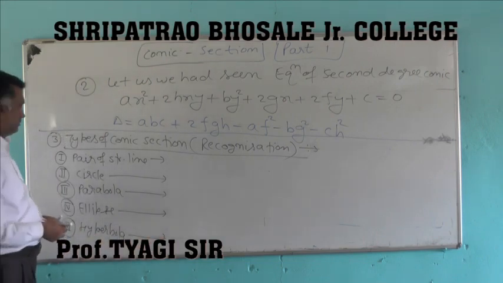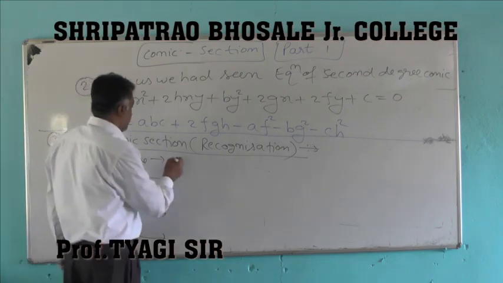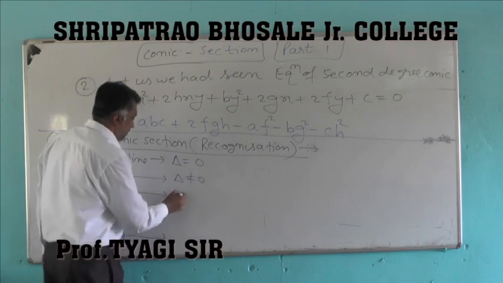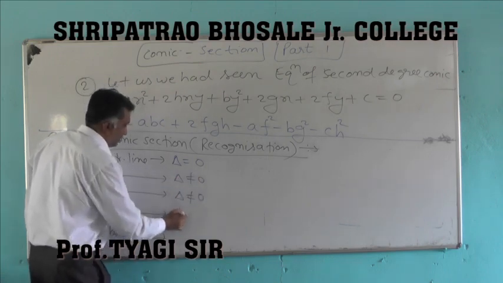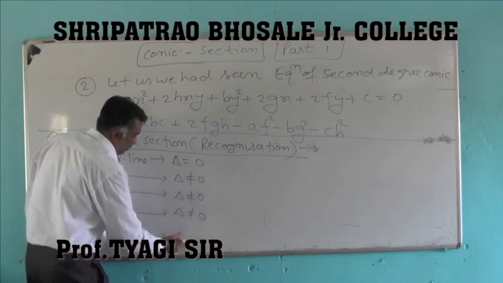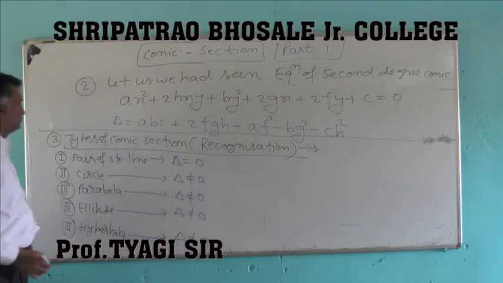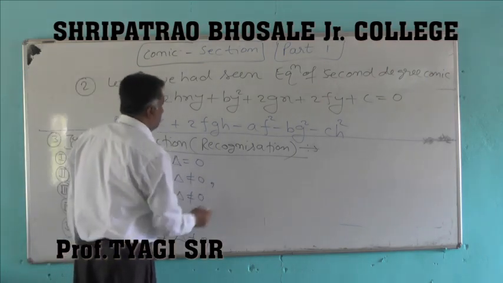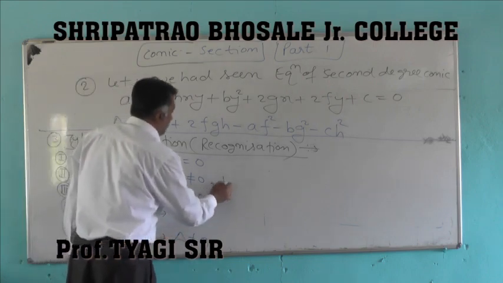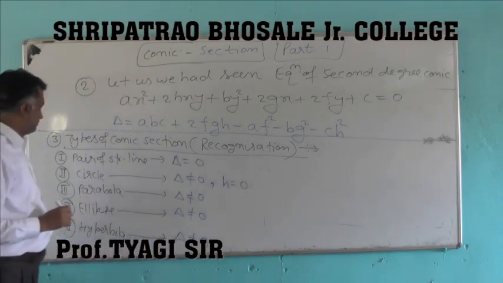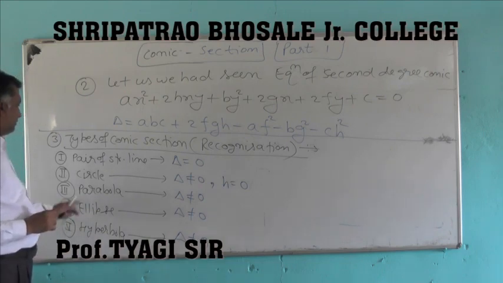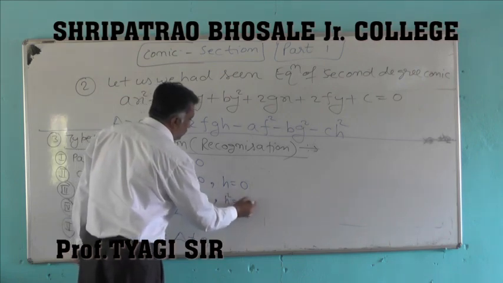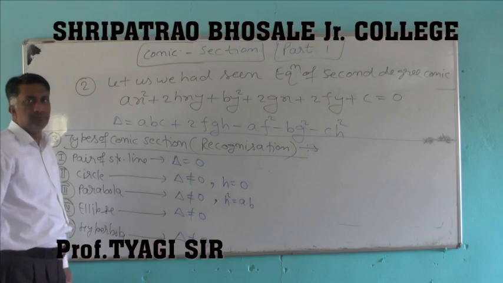You know very well, for these conics delta is not 0 except for the pair of straight lines. For circle, h is equal to 0. In parabola, h square equal to ab.